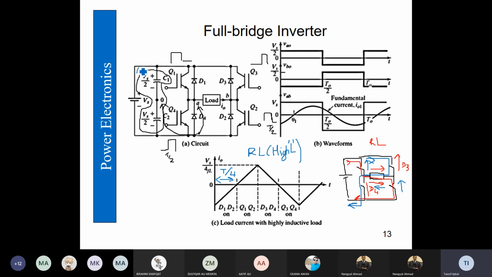If they are switched together, they are going to short the supply. So therefore, there should be opposite duty cycles, just as we have shown here.